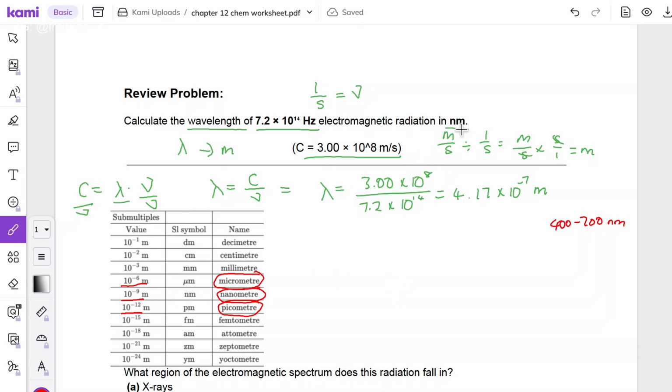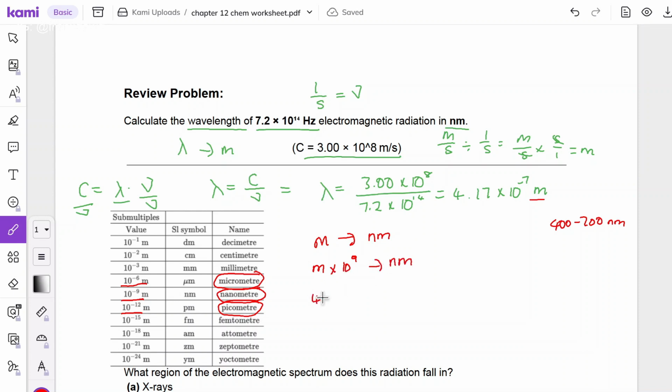So when they're asking for the units in nanometers, you have it in meters here. To change meters to nanometers, since nanometers is smaller than meters, you multiply meters times 10 to the positive 9 instead of negative 9. And you get that in nanometers.